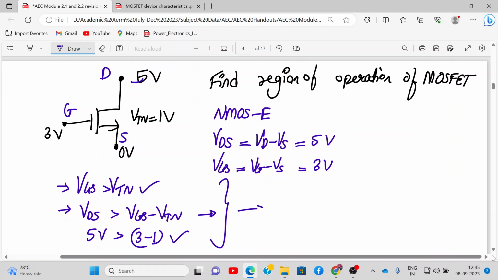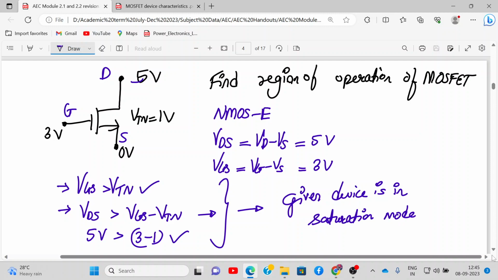So if these conditions are true, the given device is in saturation mode. Did you get it? How to identify the region of operation for the MOSFET? Did you understand this?